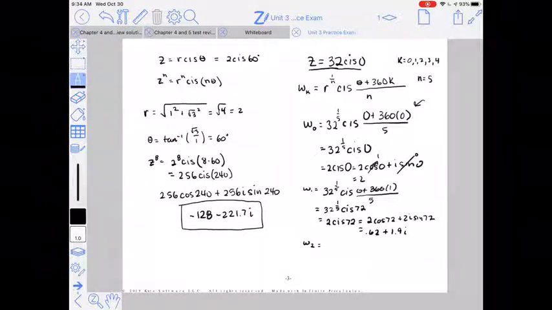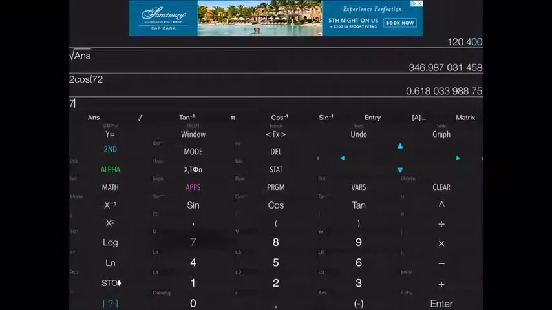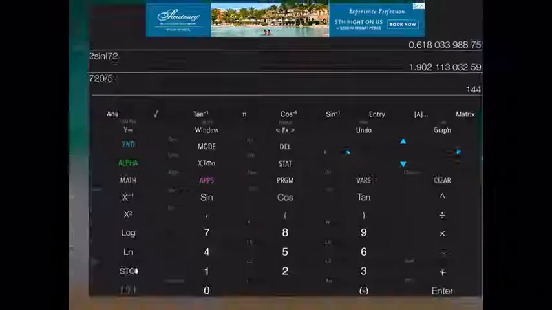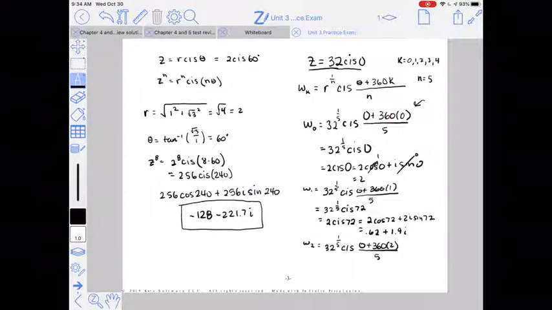Case for W2. So this is 32 to the 1/5. Now this is 720 divided by 5, which is 144.